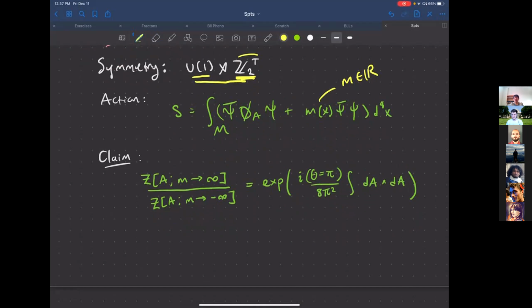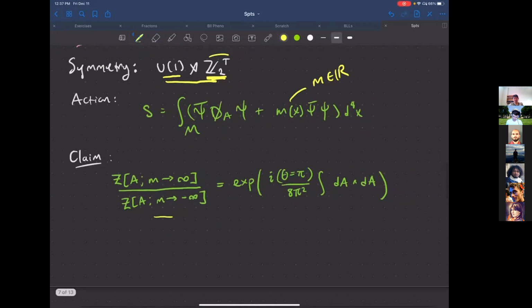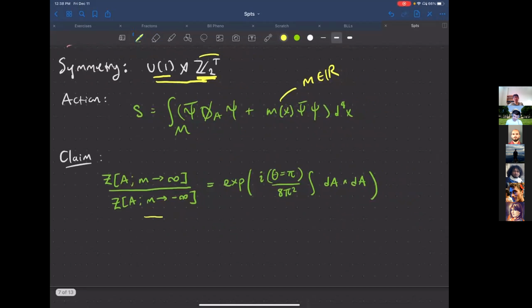If I consider this ratio of partition functions, the ratio of m goes to infinity to m goes to minus infinity, then this is actually a non-trivial thing, which is this, and this would be written above as this Z of A, and this is going to be, well, maybe I'll write it as Z_SPT of A, and this is going to be some U(1) phase.